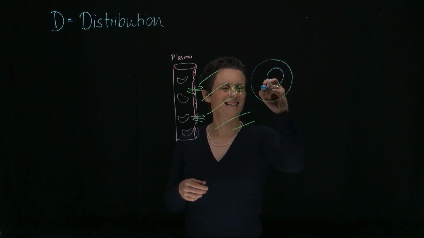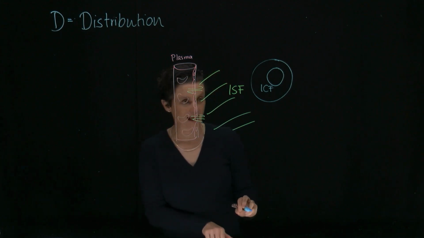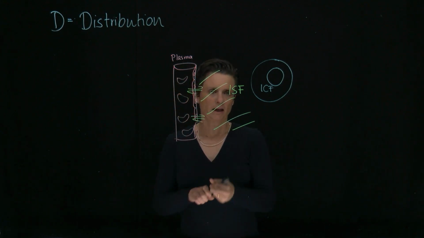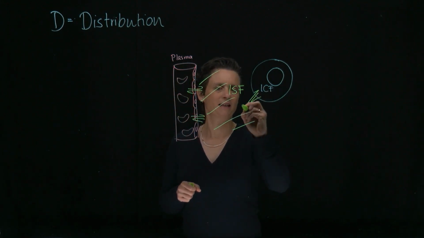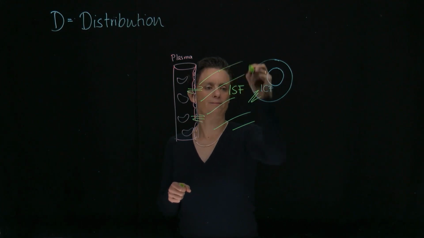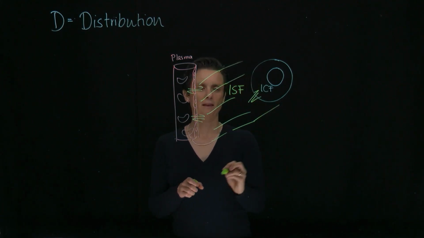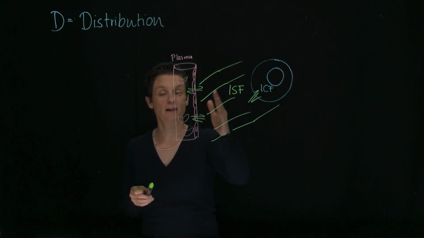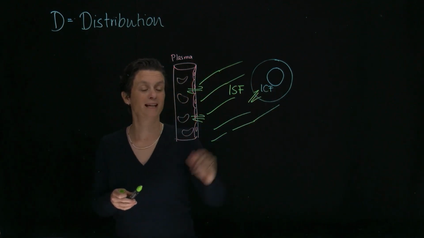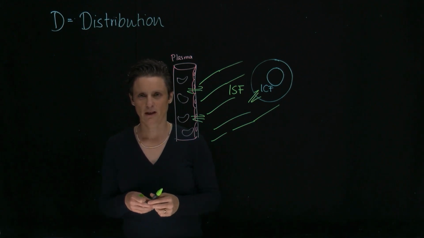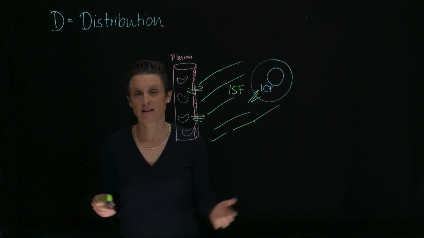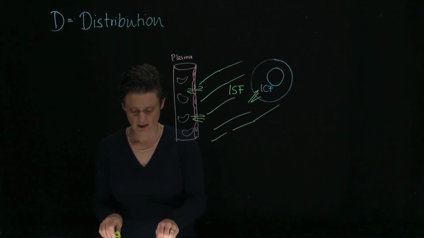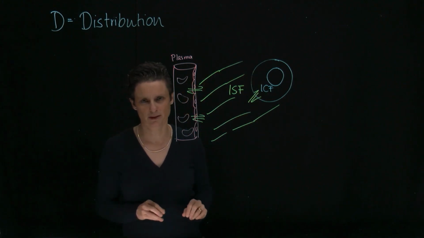If it passes the lipid bilayer, the plasma membrane, it could even get into cells. And if it goes anywhere here into plasma and distributes into interstitial fluid and intracellular fluid, that would mean it's going to distribute in total body water, because that's our total body water.